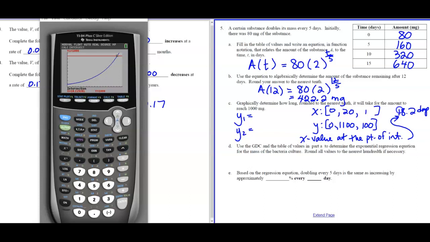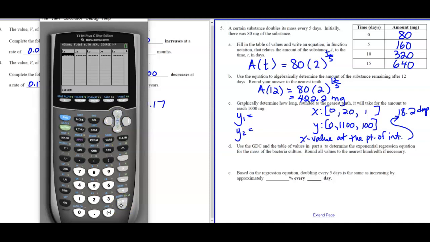Okay, now we're going to review how to do a regression. Regression won't be on your diploma, but it will be on your IB exams. So use the graphing calculator, the table of values, to determine the exponential regression. So stat, edit, go up and clear off any lists that you might have.